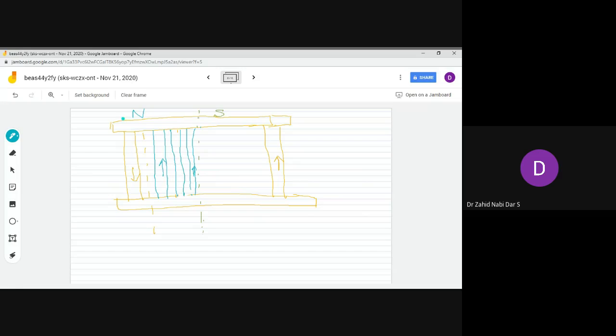Because it's the north pole, here you will see that it would be leaving. Now here in the south side it is entering, so here it would be leaving.